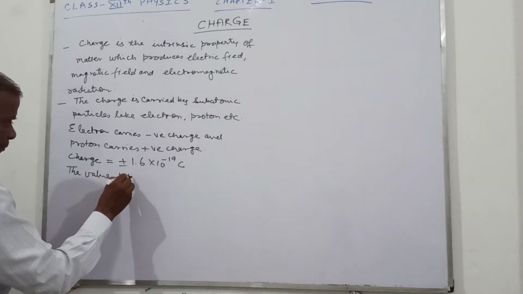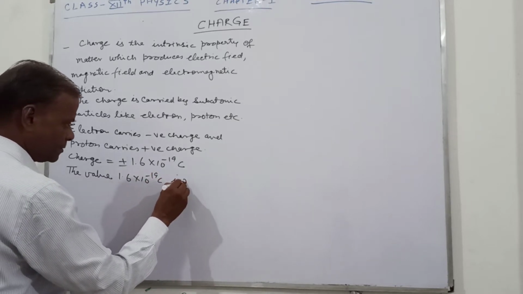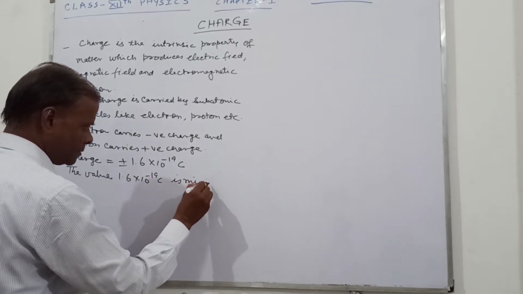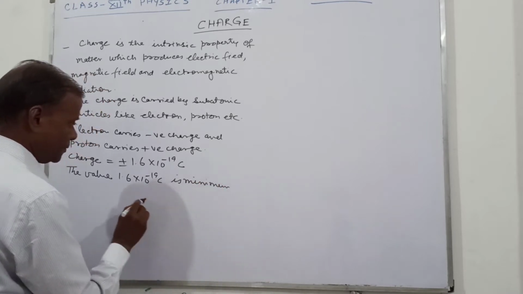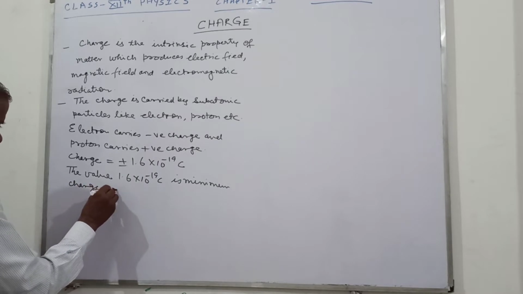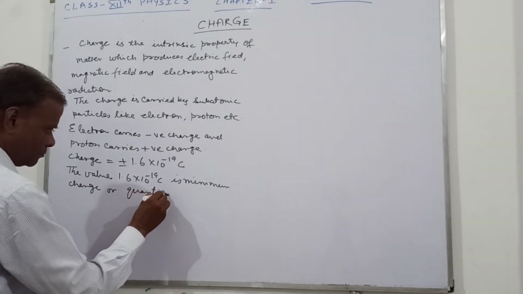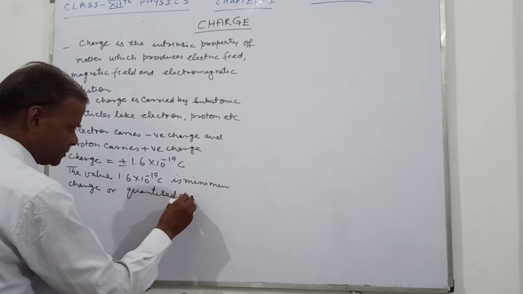The value 1.6 times 10 raised to the power minus 19 coulomb is the minimum charge or quantized charge.